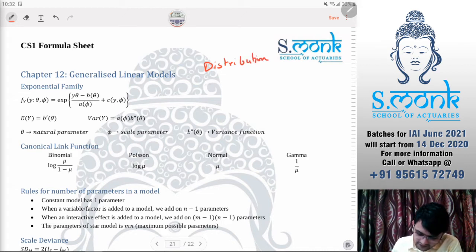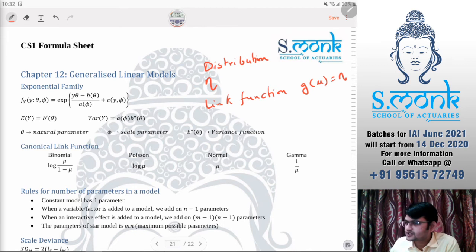Then we have the linear predictor that we call eta, and then we have the link function. That is going to be g(mu) equals eta. g becomes nothing but our link function.